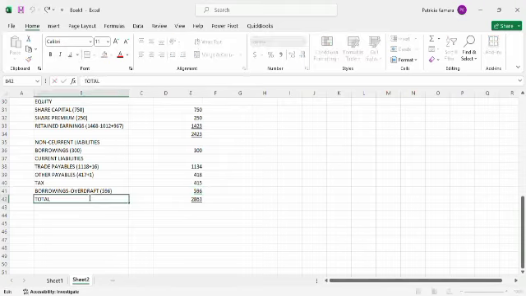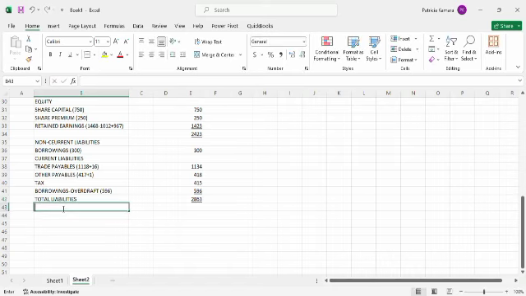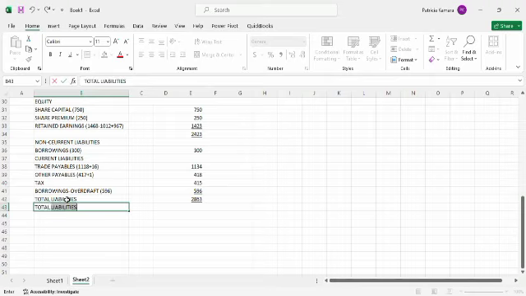With our total liabilities, then we have our total equity.